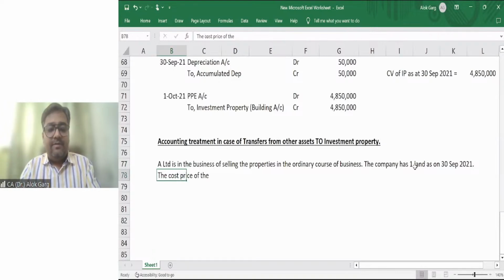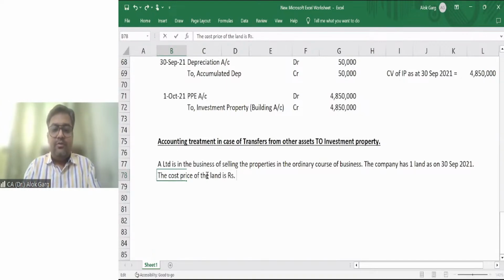The cost price of the land is rupees 50 lakhs, and NRV, net realizable value, is rupees 70 lakhs.